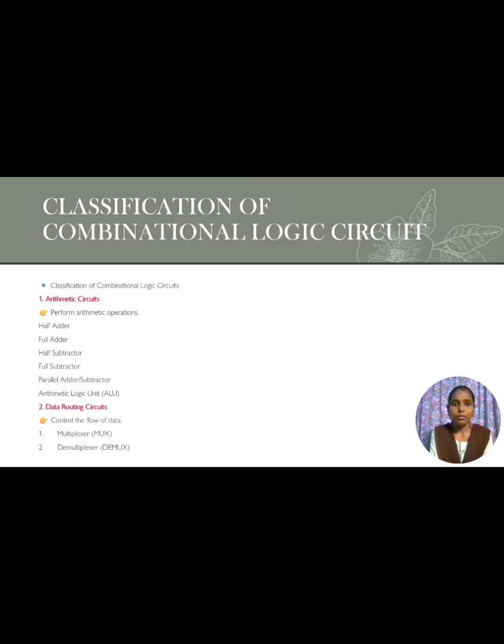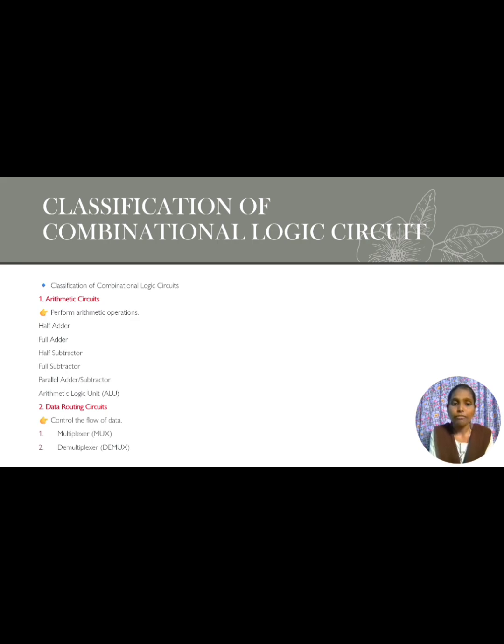Classification of combinational logic circuits. Number 1, arithmetic circuits. Perform arithmetic operations: half adder, full adder, half subtractor, full subtractor, parallel adder, parallel subtractor, arithmetic logic unit. Number 2, data routing circuits.